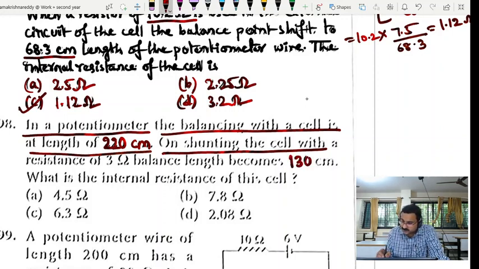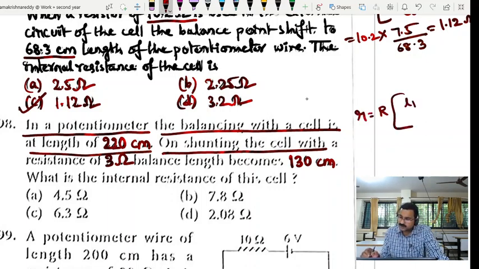What is the internal resistance of this cell? The resistance is 3 ohm. Same thing: small r equals capital R into L1 by L2 minus 1.